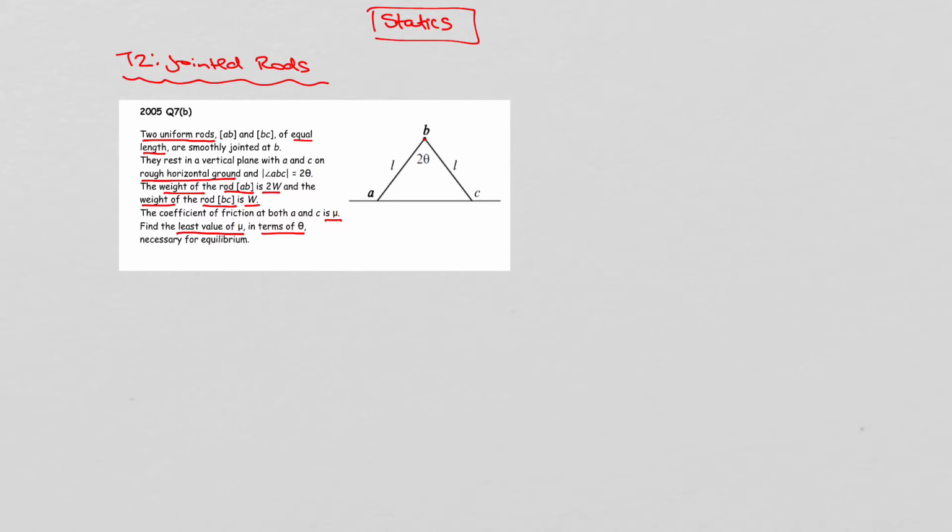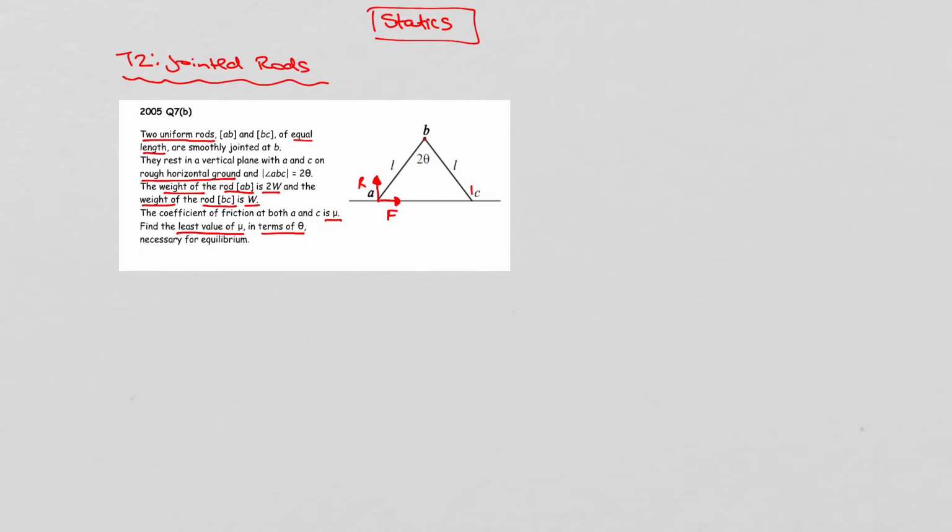So let's start by marking in all of the forces acting on this system. We're going to have a reaction force at A, R, and therefore if the rod AB was to slip, we would have friction F in the opposite direction.